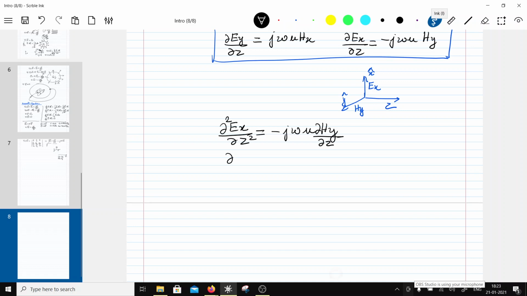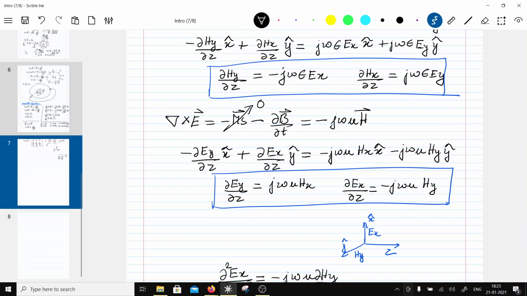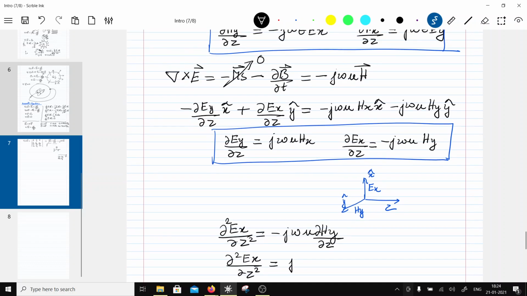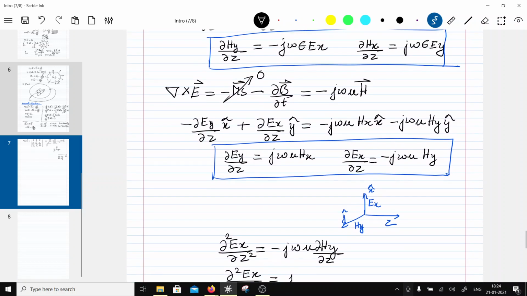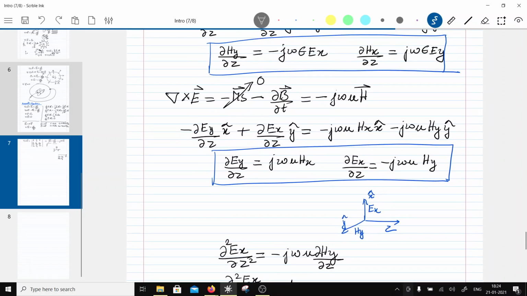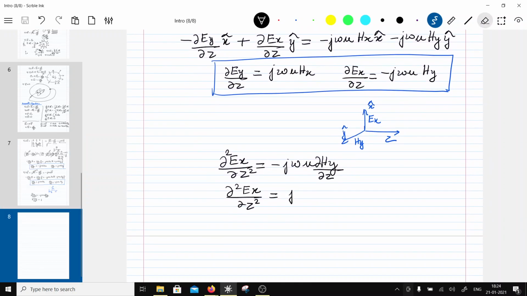So I would have ∂²Ex/∂z² equal to, now keep in mind, j is multiplied with j, so there is a minus sign, and the two minus signs cancel. So I am left with minus ω²με Ex.